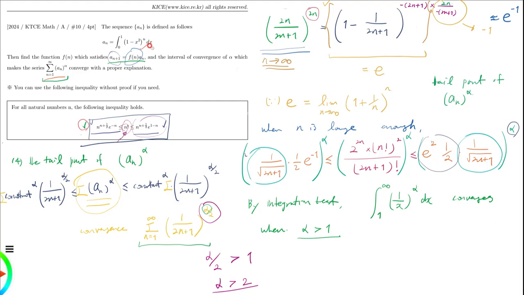And then for the second part, by taking an appropriate power of alpha on each nth term and making a series, it only converges when alpha is greater than 2. And I want to remind you that this whole term is strictly positive, so we don't need to worry about a negative sign here. Okay, this is it.